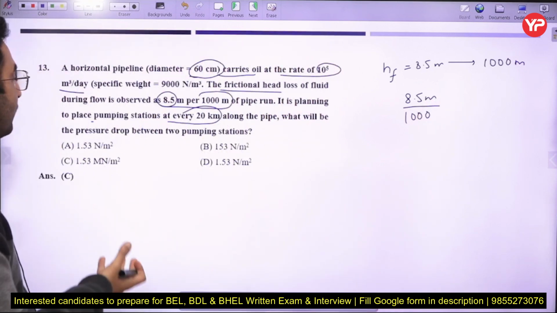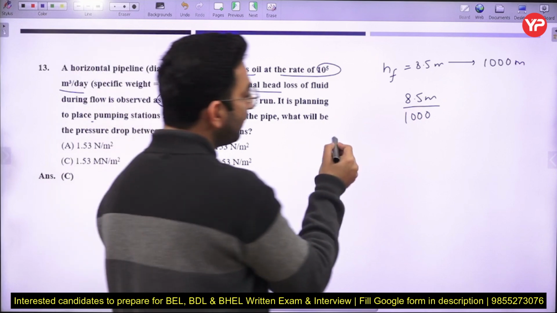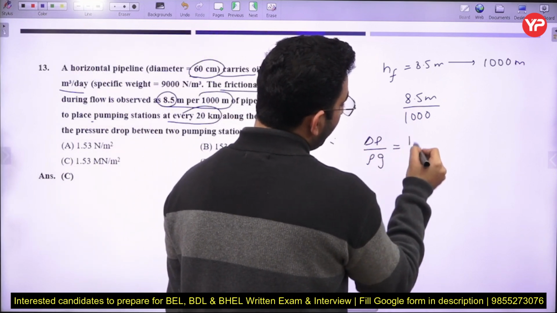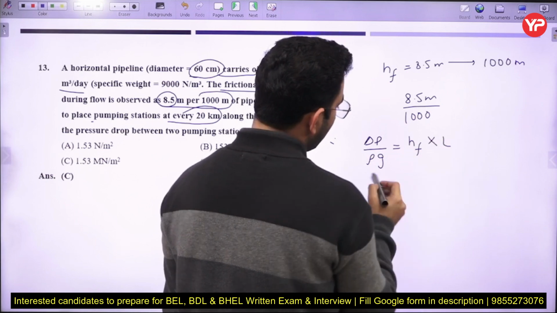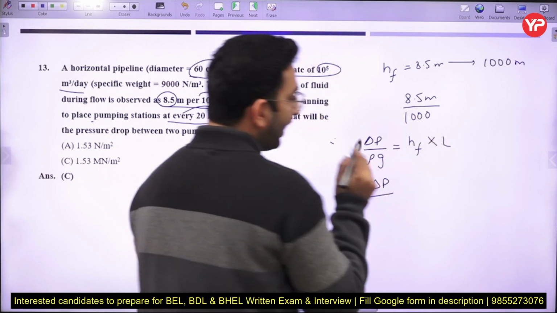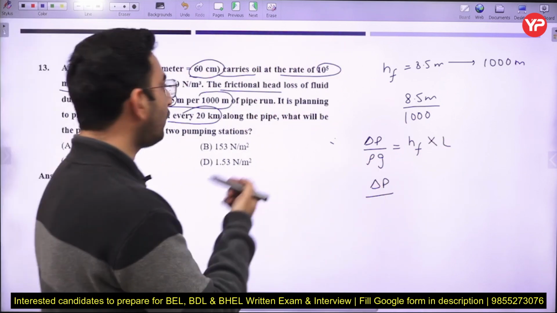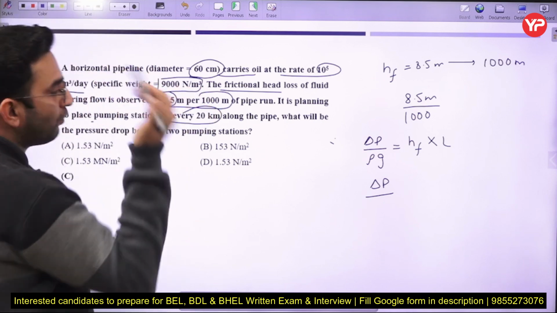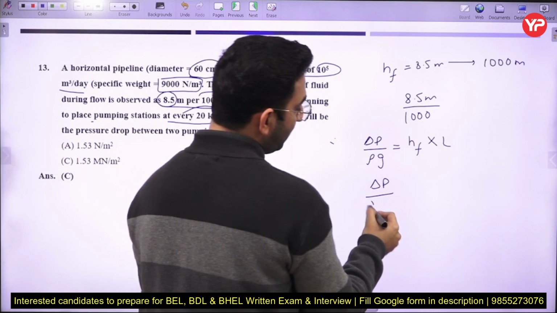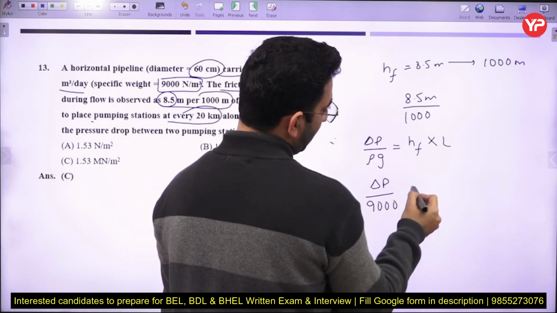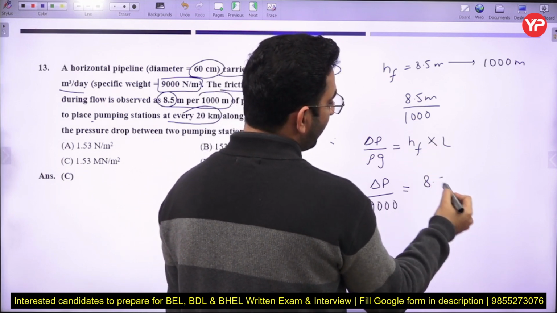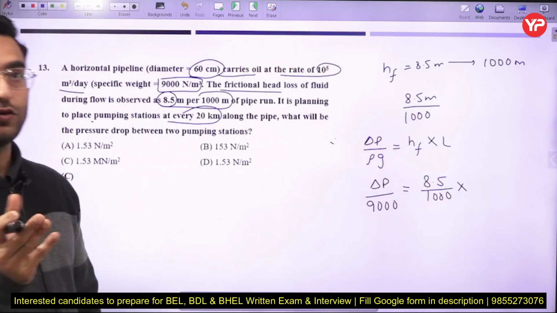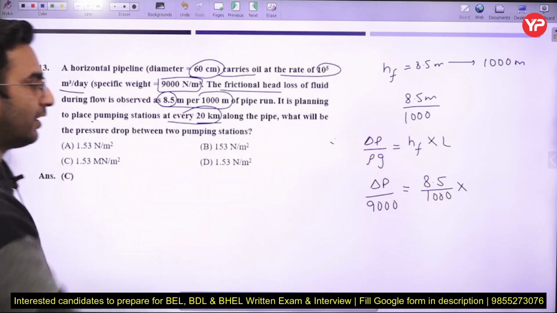Okay, and you want to find out the value of the pressure drop. So we can say the total pressure drop will be rho g HF multiplied by L here. Okay, so in the question the value of rho g is given to you, that is 9000, and HF is 8.5 divided by 1000 here, and you have to calculate the value of the pressure drop over a distance of 20 kilometer here.